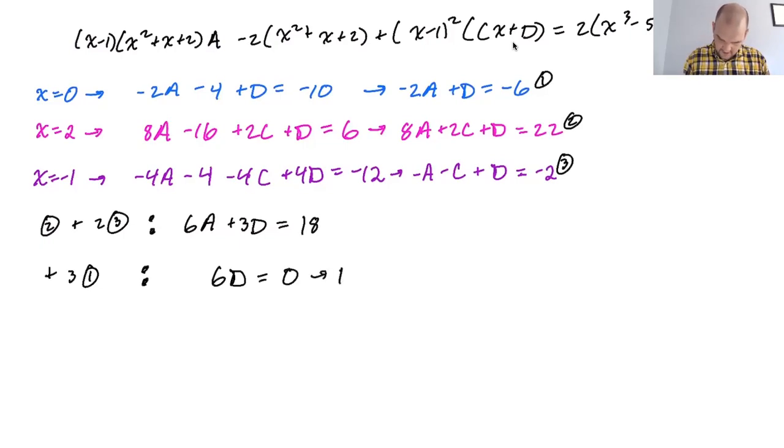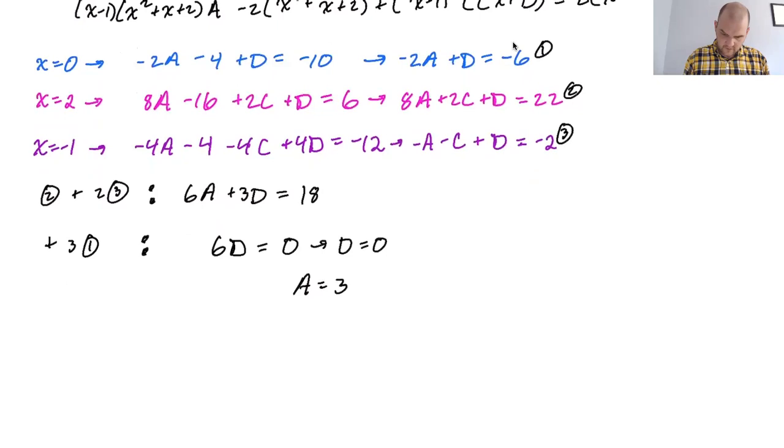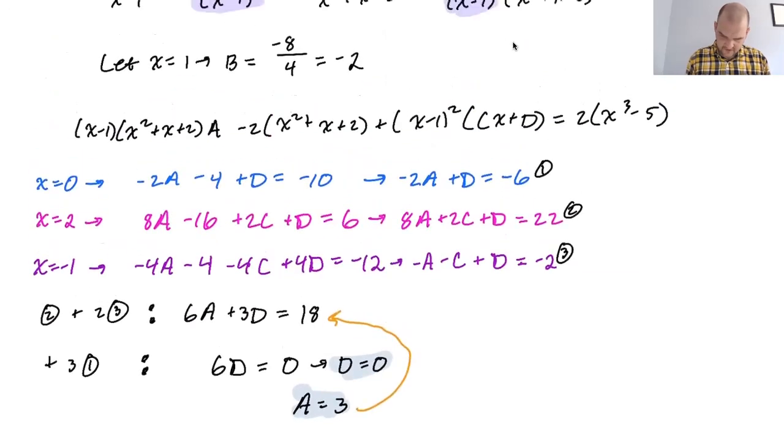Cool, so d is 0. And if d is 0, then a is 3. That was from here. I'm going to be really happy if I get this. So I have a, I have d, and we already knew, like 6 years ago, we got b.